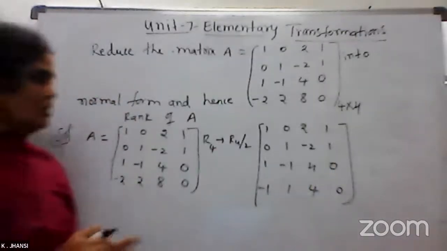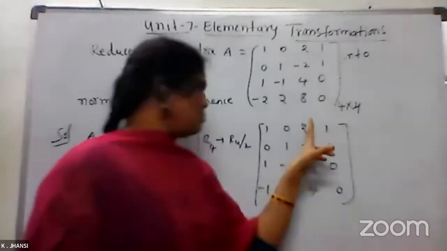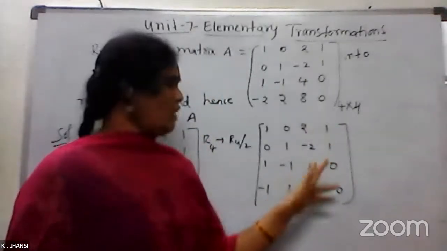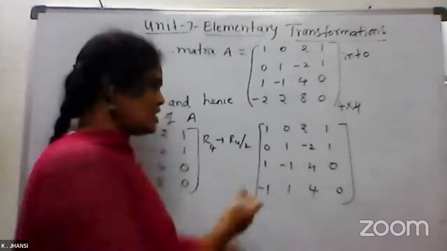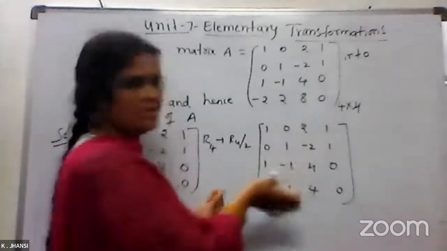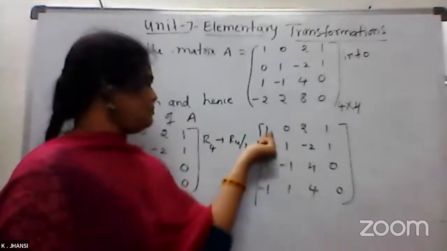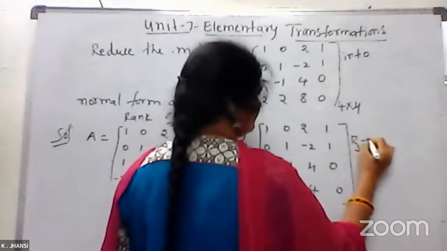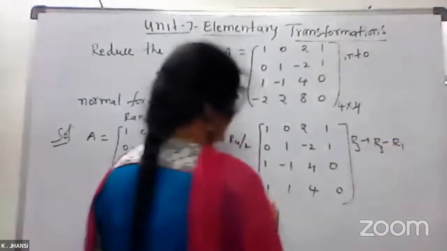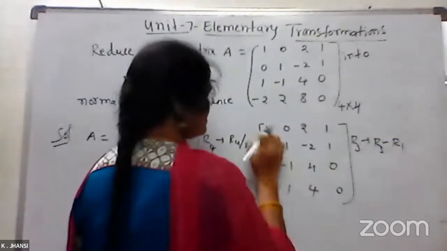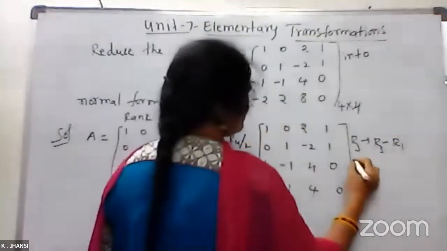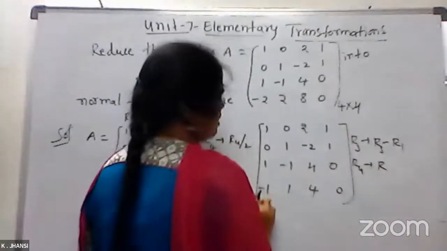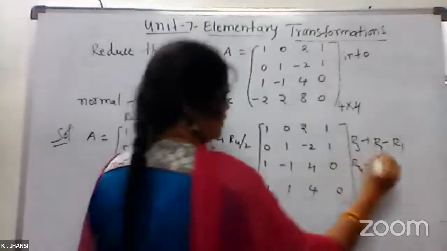Okay. Even again, to make it very simple, C3 is there, no? C3 you divide by 2. Or else you can keep it like that only and do the subtractions here. So R3 minus R1, and R4 minus R1. Or else see, R4 minus R3 we can do.